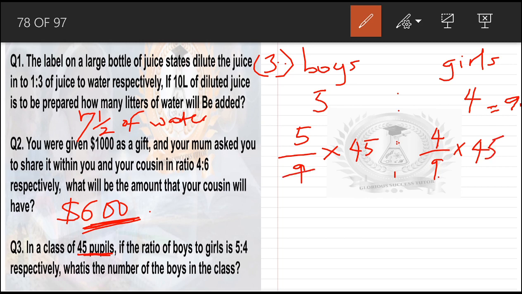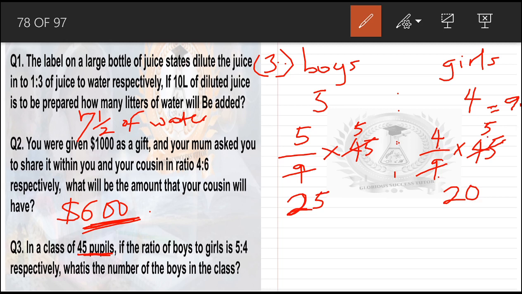So 9 here, 1, 9, 5, we've got 5 here. And 9 here again, and 9 here, we have 5 again. Very easy. So we're going to say 5 times 5 for the boys now. The boys will be 25 in class, while the girls will be 20 in class, because 4 times 5 gives us 20.